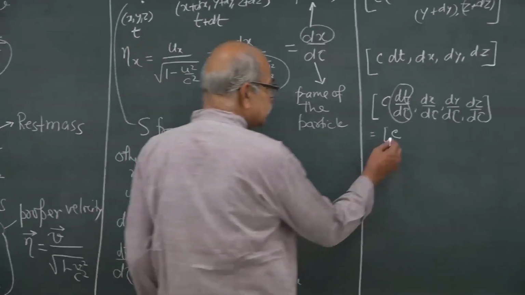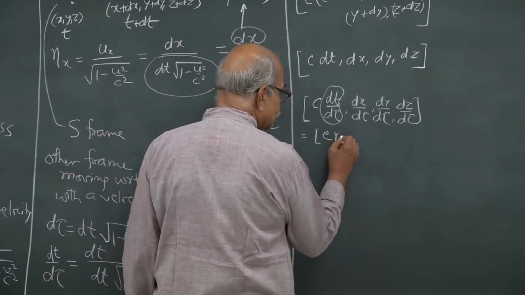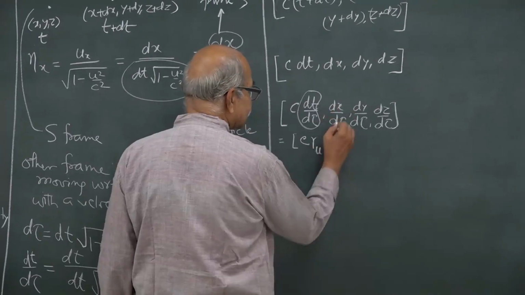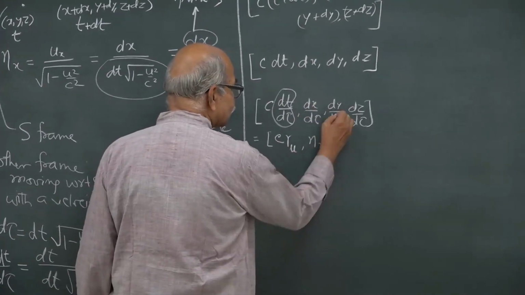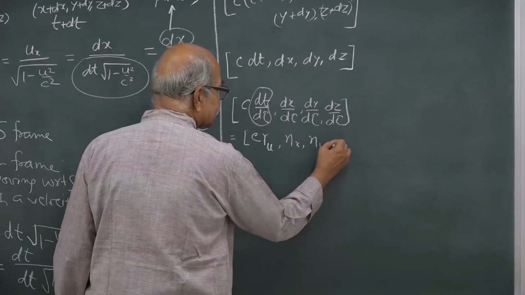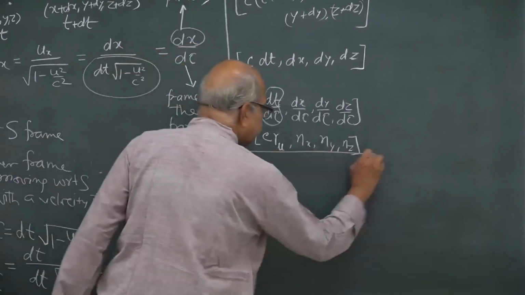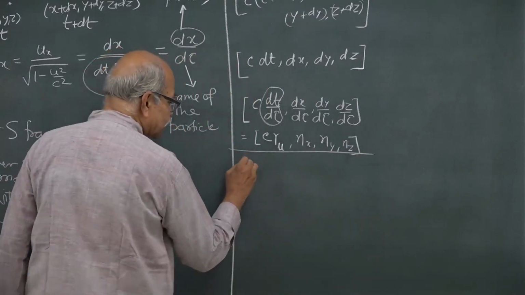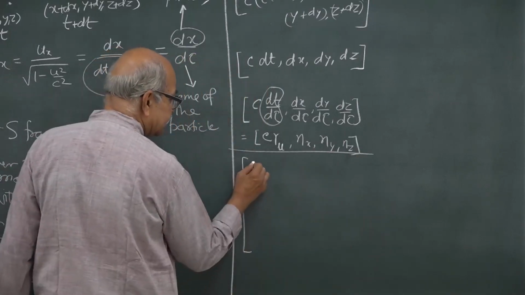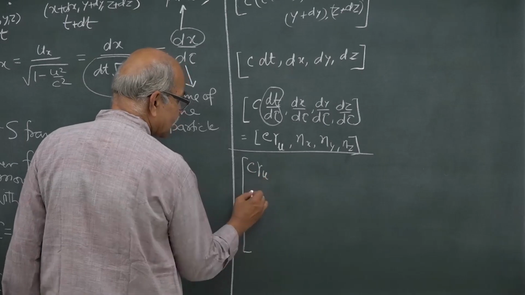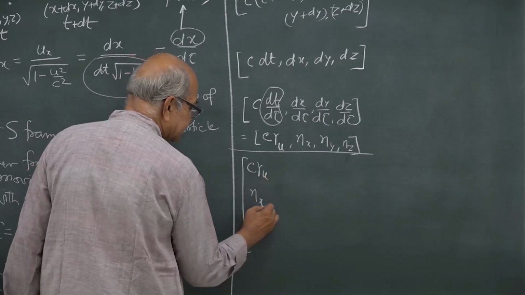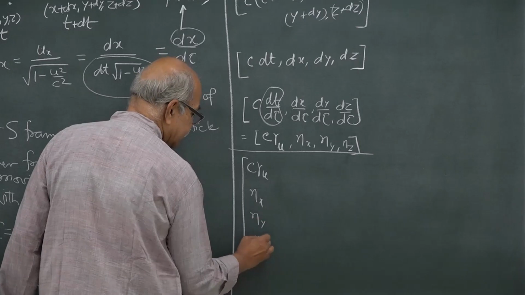So, this is c into gamma u, and this quantity is eta x, this is eta y, and this is eta z. This is a 4 vector. If I write it in proper column form, it is c times gamma u, and then eta x, eta y and eta z.